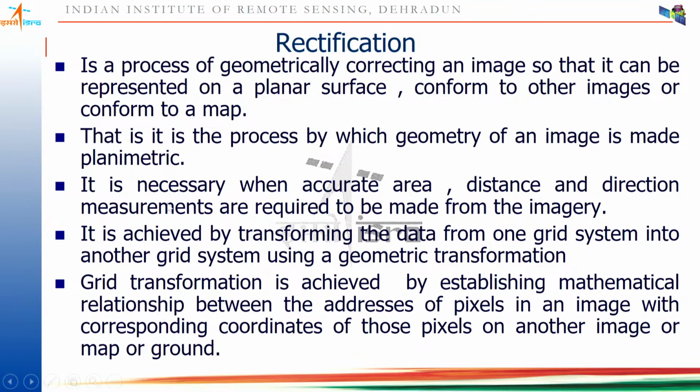Rectification is done by transforming data from one grid system into another grid system using a mathematical, geometric transformation, right? So we are basically establishing a mathematical link between coordinates of pixels and corresponding coordinates on ground. That means basically tying them to a map, to northings, eastings, or latitude, longitude.